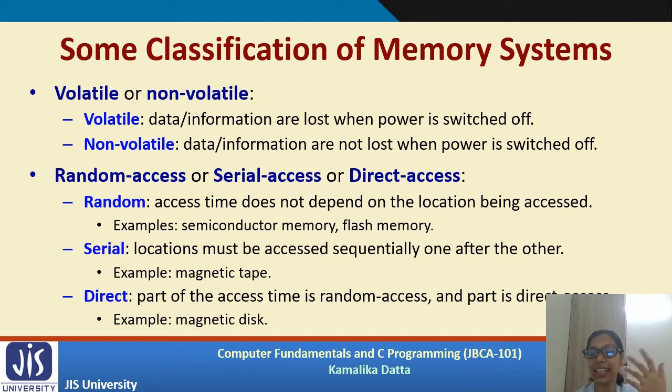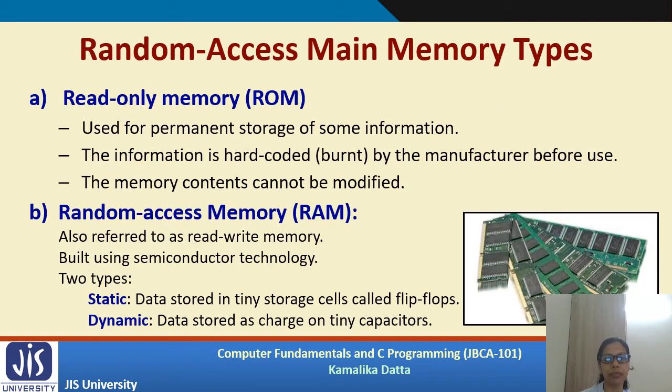In serial access, like in magnetic tape, it goes one by one, from 1, 2, and then it moves on. And direct access is basically where part of the access time is random and part is direct. So the example is magnetic disk, which we usually used earlier. Okay, these are the various categories or classifications of memory.